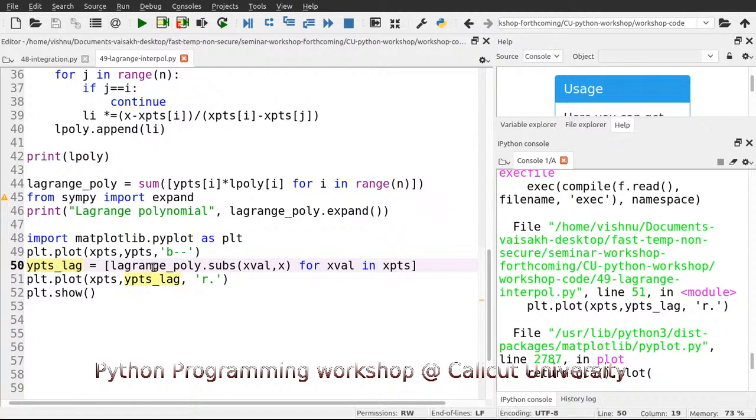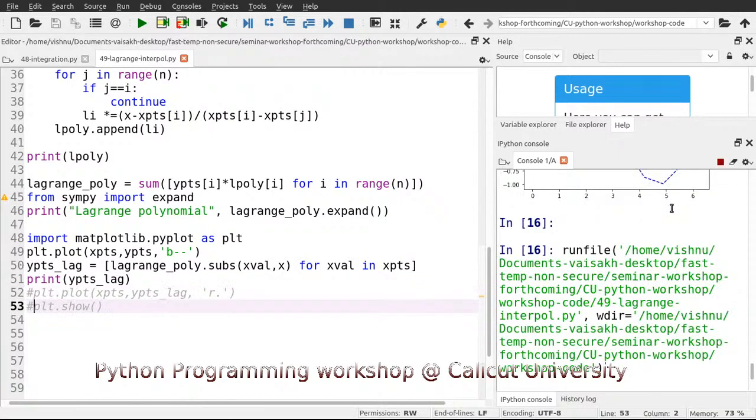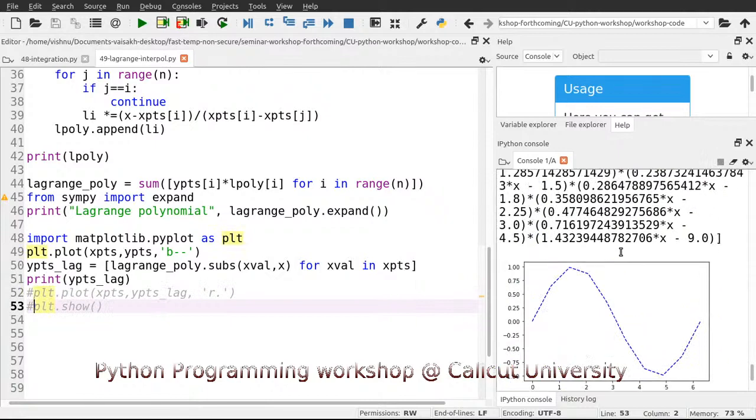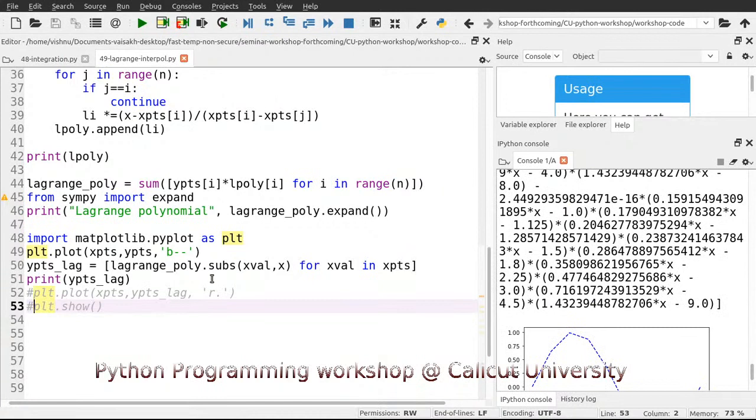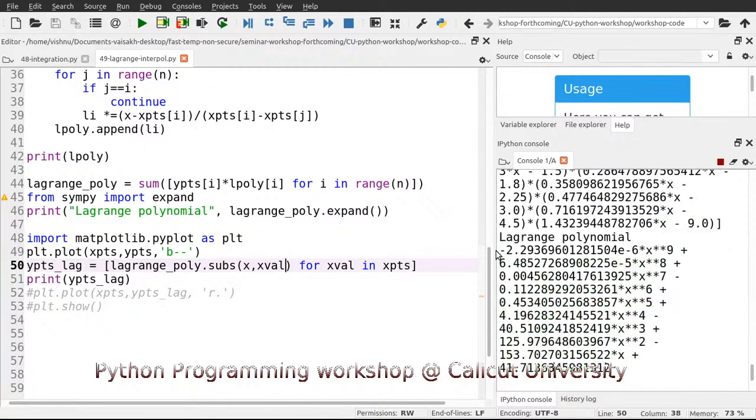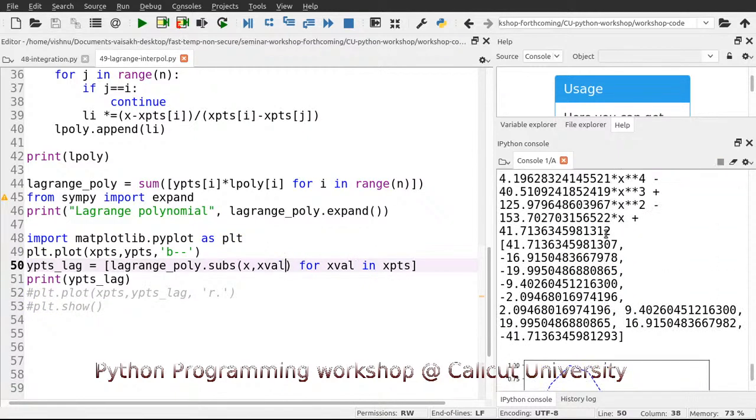So what is this Y points? Let's try to see that. Print Y points, suppressing the plot. Or substitute for X, XY. Say that. Is it coming out? I guess it's coming out.